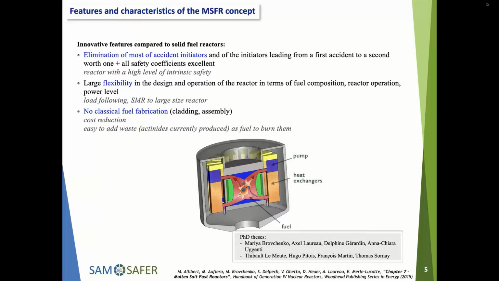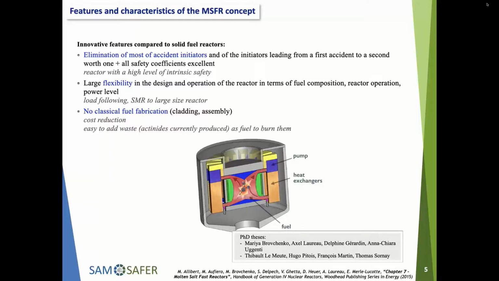And all safety coefficients are excellent, as you will see in the next module on safety. We have large flexibility in the design and operation of the reactor in terms of fuel composition, but today we will see it in terms of reactor operation and power level. We can do load following with the reactor, even with no control rod, and we can have reactors from small modular reactors to large size reactors.